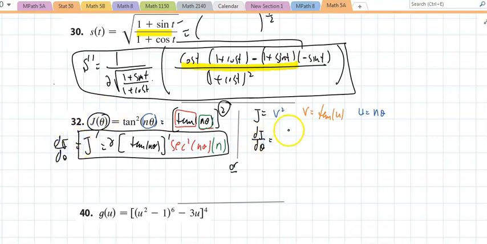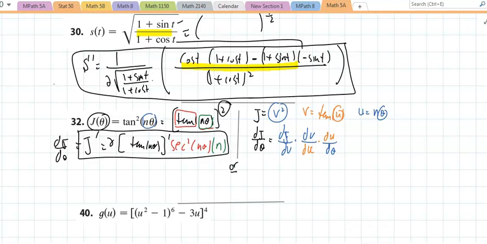I'll say j depends on v. Automatically, v depends on u, and automatically u depends on theta.